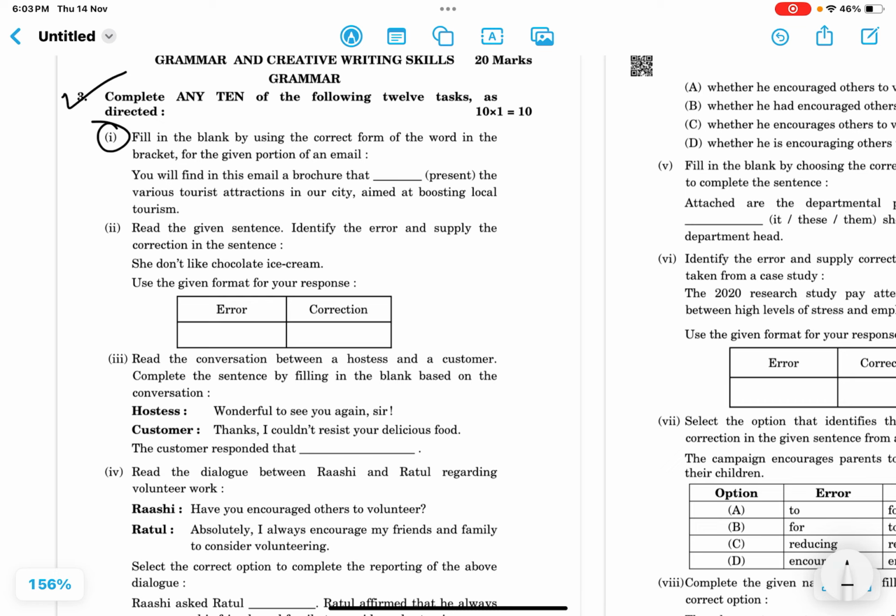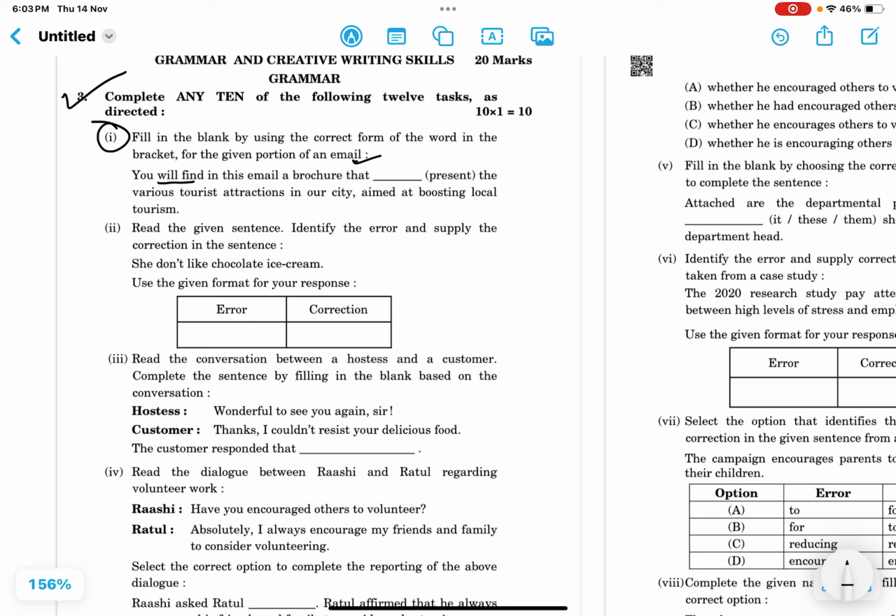Here it is about filling in the blank by using the correct form of the word in the bracket for the given portion of an email. You will find in this email, see, this is the keyword that is telling us that this is going to happen in the future. So you will find in this email a brochure that.